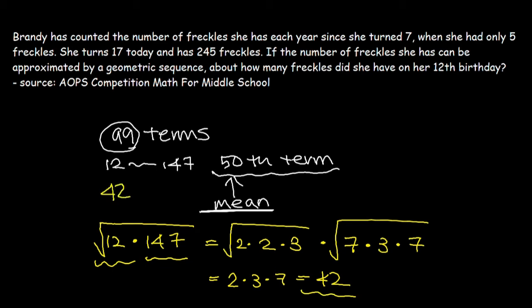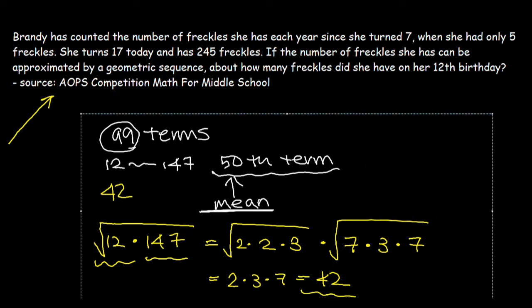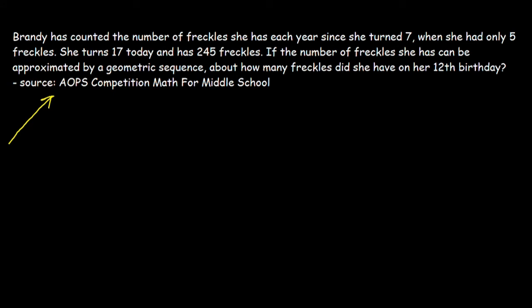And you don't have to literally find all of the 99 terms to see which is the 50th one. We're going to use the same exact method to solve this competition problem. Just remember how to find the geometric mean, and you'll be good for any of these formulas.